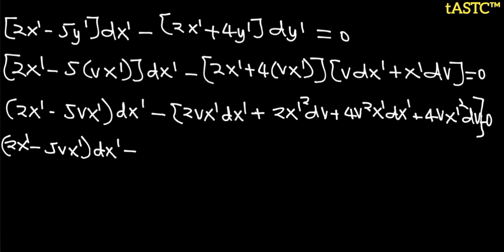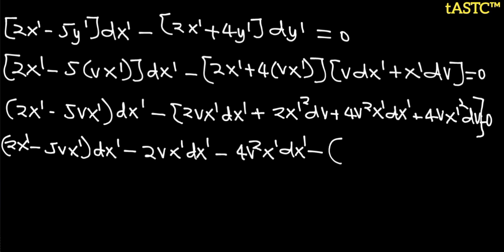So here now we're going to have minus 2v x prime dx prime, and this is going to be minus 4v squared x prime dx prime. So this is dx prime. Now we're going to have the other one staying there. So this should be minus 2x prime squared dv, and there will be a 4v x prime squared dv, and this is equal to 0 as usual.